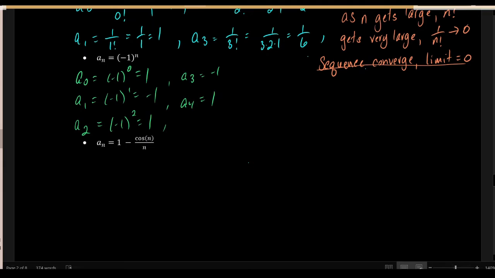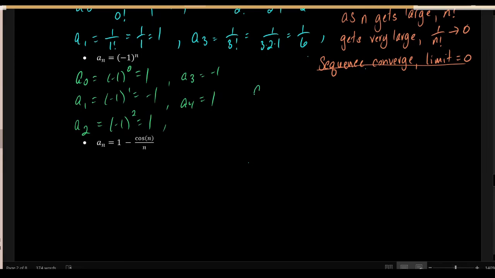This sequence will continuously flip-flop between +1 and -1. Because this sequence is always flip-flopping between these two numbers, the sequence is never getting closer to any fixed limit.